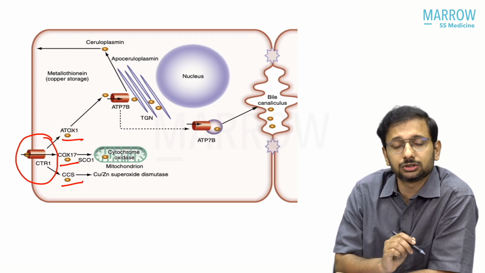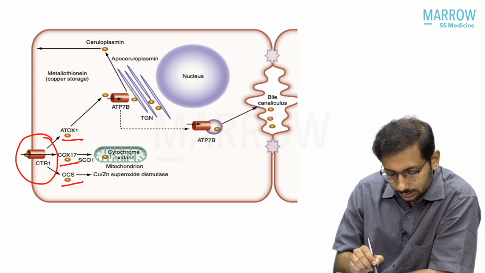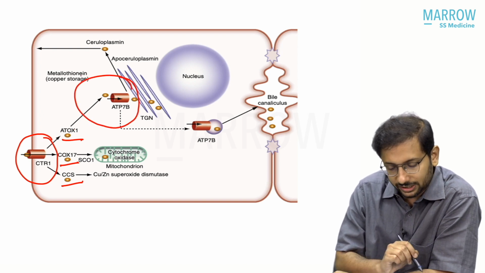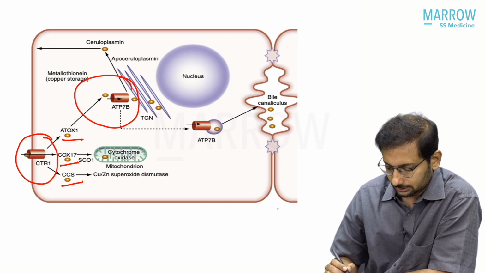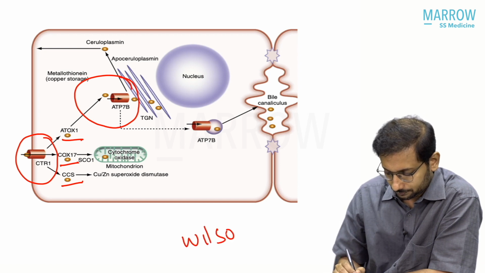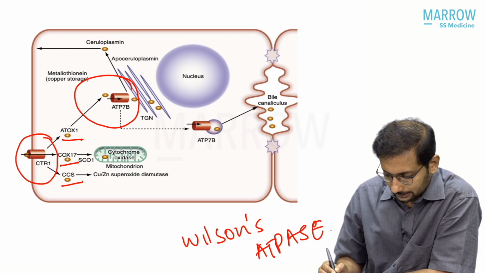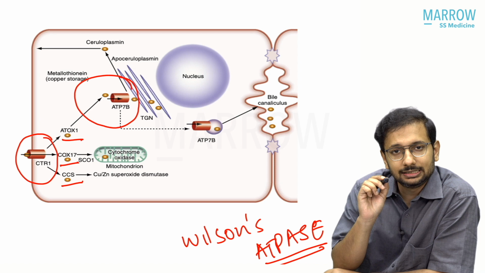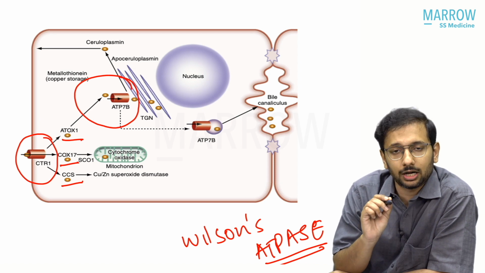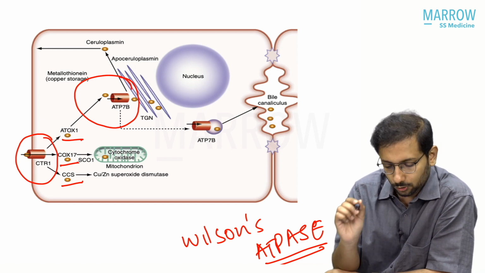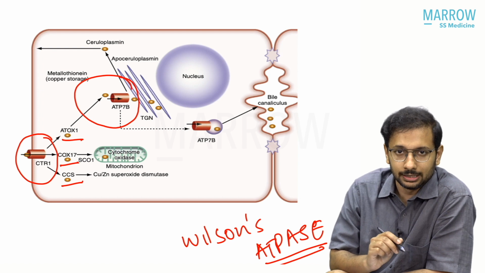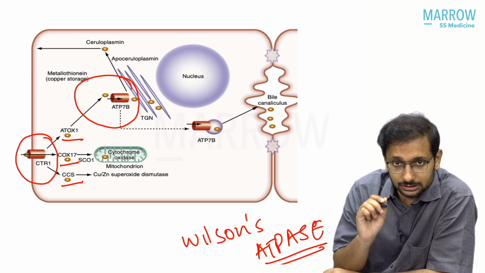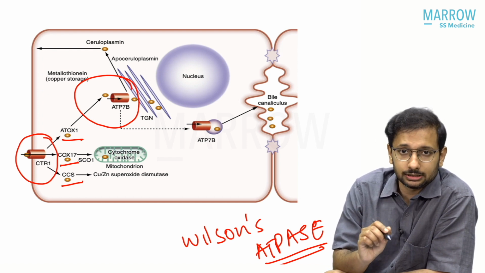And here is the most important step of Wilson's disease, which is basically the gene product of ATP7B, otherwise known as Wilson's ATPase. This is the enzyme which catalyzes the introduction of copper into apoceruloplasmin, making it ceruloplasmin or holoceruloplasmin. And it is the problem with this specific gene product or protein that causes Wilson's disease.